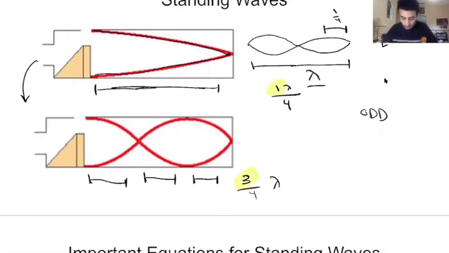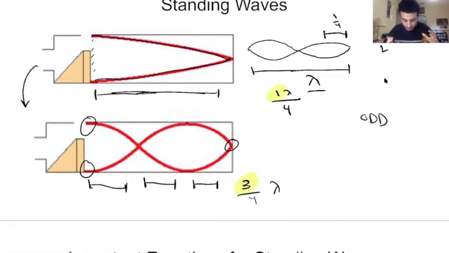These are two odd numbers. The reason they have to be odd is because this open side has to end with an antinode. It can't have a node here. So it limits the type of configurations that could possibly be. Hopefully that helps you understand why they're like that.